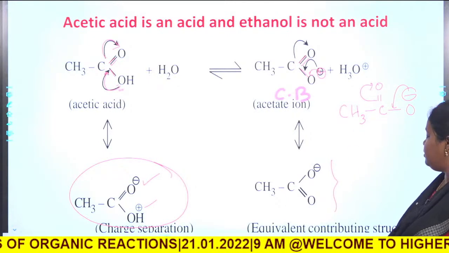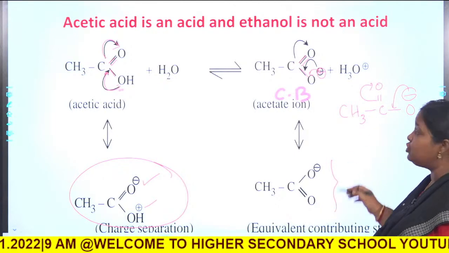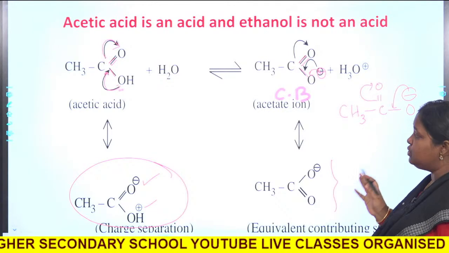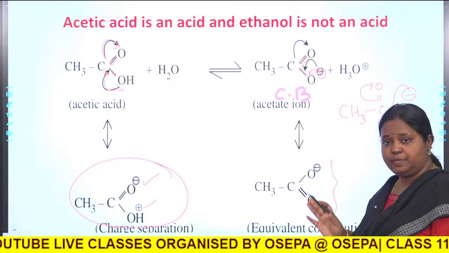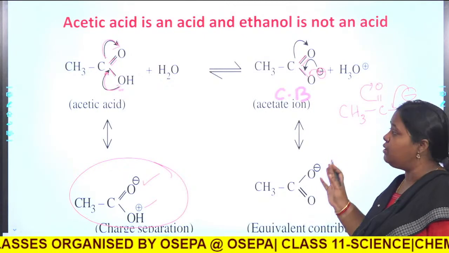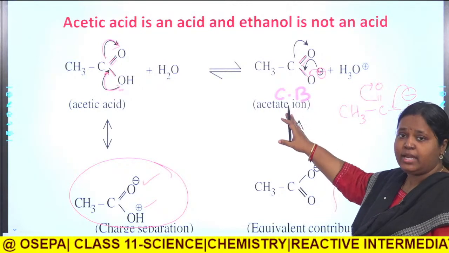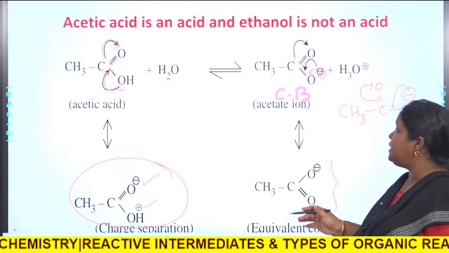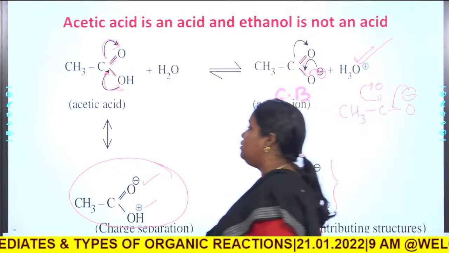Mark here, due to resonance, equivalent contributing structures are actually getting produced for acetate ion, and which leads to its stability. So, now see, the resonance can be useful to explain the acidity of the organic compounds. With help of this, we have now proved that acetate ion is more stable, hence it will be produced in more amount, hence H plus ion will also be produced in more amount.